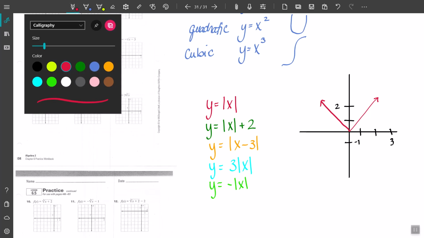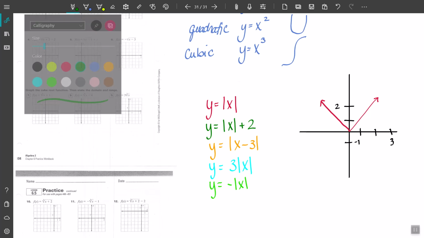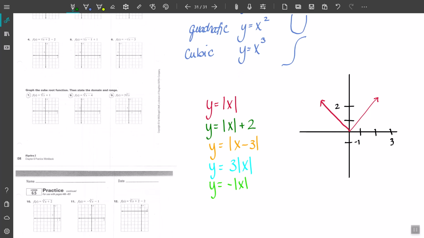If we were to change that and we wanted to add 2, so in green we have y equals the absolute value of x plus 2. So if we remember when we had that plus 2 on the outside of the absolute value symbol, that gave us vertical shift, and the plus 2 made us go up 2 units. All right, same slope for this one on those individual lines, but we're just shifting that graph up 2 units.